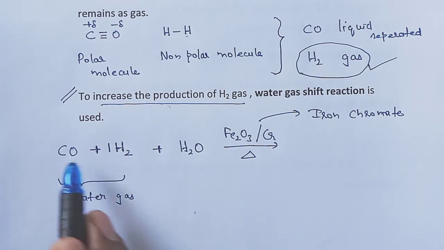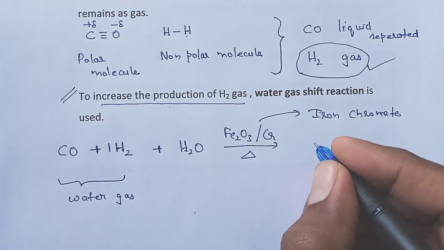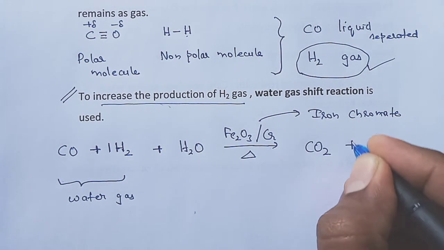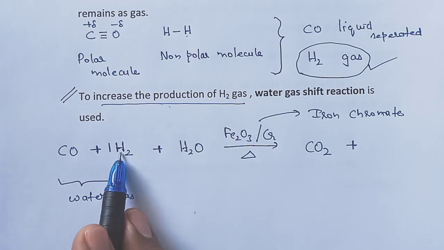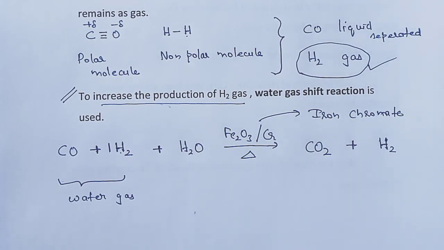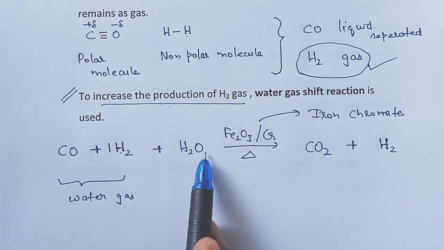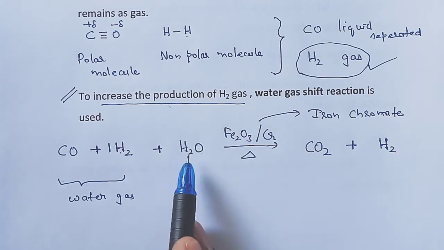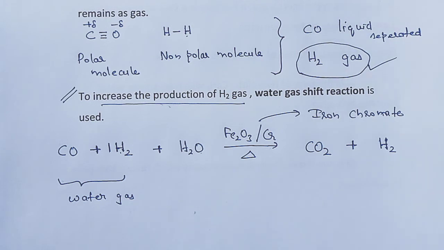Then a reaction will occur. Carbon monoxide will take this oxygen and convert into carbon dioxide, and H2 and H2, both of them will be collected as H2. So CO is oxidized to CO2 and H2O is reduced to H2. Now how many moles of H2 is obtained? 2 moles.